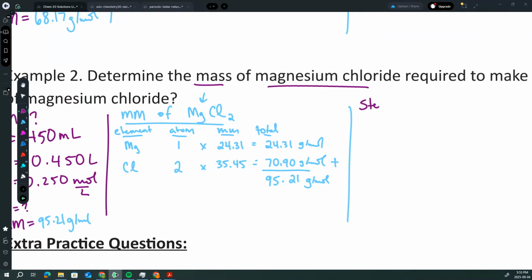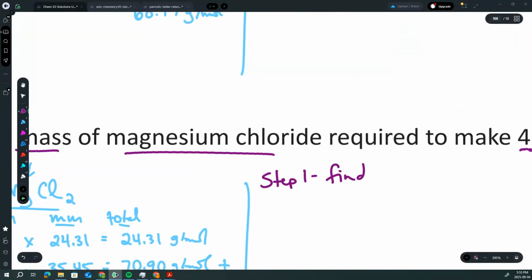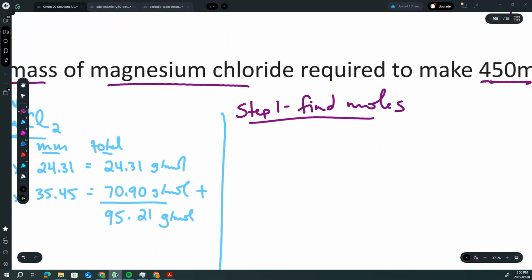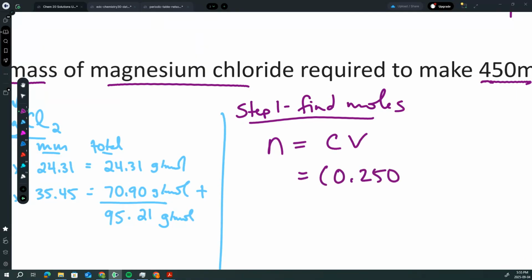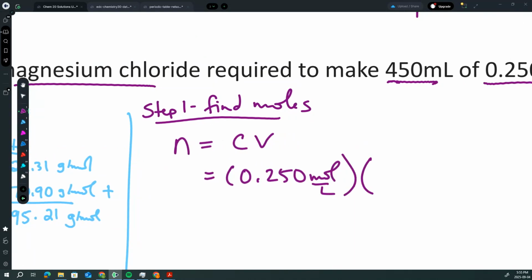So this is what I labeled as step 1. I'm going to start off with my equation. Moles is equal to concentration times volume, and we're taking 0.250 mole per liter, multiplying it by volume, which is going to be 0.45 liters.